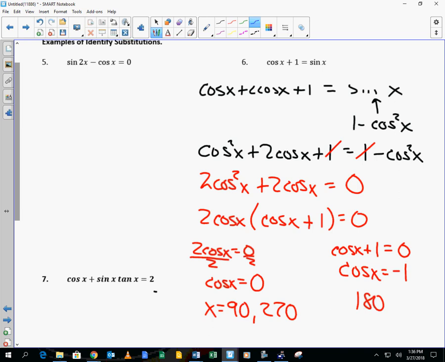What's the cosine of 90, plus 1? What's the sine of 90? Did that work out? Keep it. What's cosine of 270? What is sine of 270?